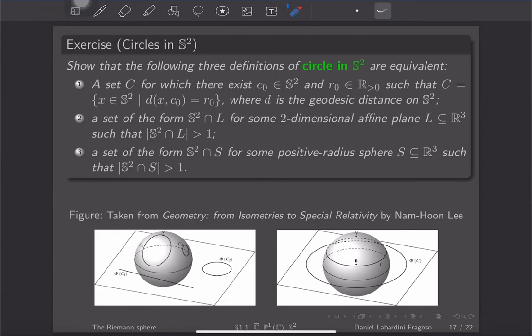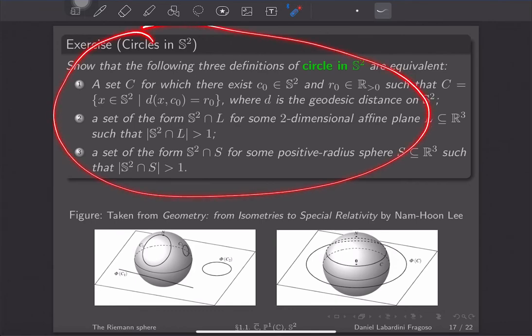Let's say that you have a piece of fiber of length 1, and instead of measuring length 1 in R3, you put this fiber on the sphere, so it's curved, right? And I say, okay, that's my circle. So you actually have three possible notions of circle, and the exercise is that they all coincide. These three notions coincide. Okay, so this is this exercise.